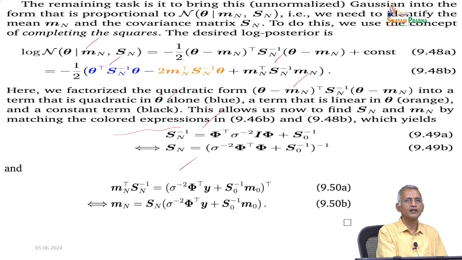Therefore, mn transpose Sn inverse is equal to (sigma to the power minus 2 Phi transpose y plus S naught inverse m naught) transpose, let it be 50a, if and only if mn equals Sn (sigma to the power minus 2 Phi transpose y plus S naught inverse m naught), which represents 50b. So, this brings the corresponding unnormalized Gaussian into the form proportional to N of theta given mn, Sn.